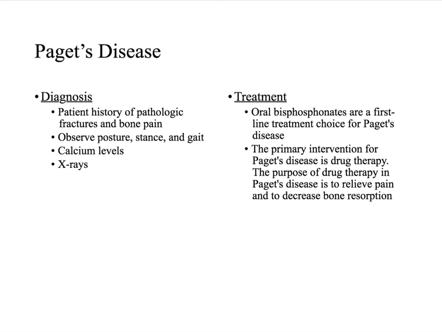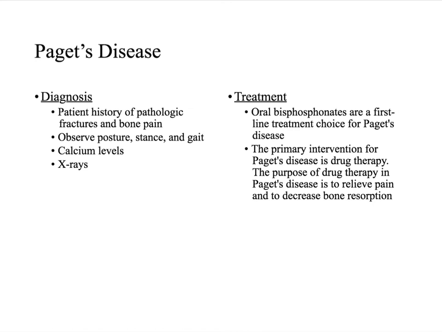It's important to remember that a patient with Paget's disease has more of a chronic metabolic disorder associated with genetics. So there's going to be a little bit more monitoring of their labs to find out where their calcium level is. There are some other labs listed in your book that can help to monitor a patient with Paget's disease.